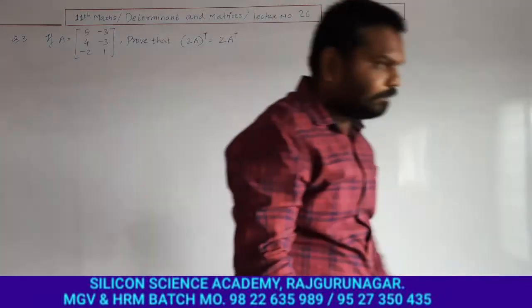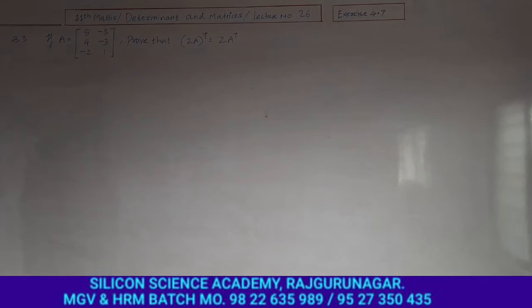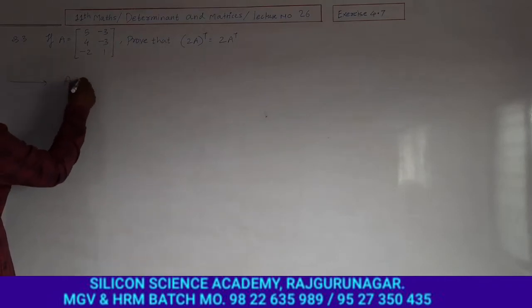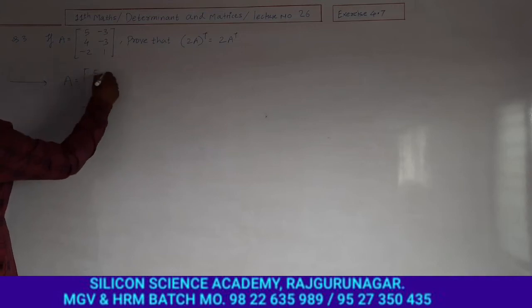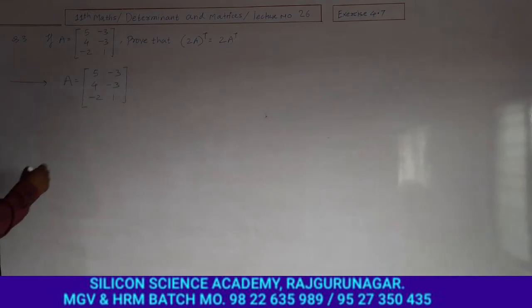Okay? आता लक्ष द्या. सर्वांना लक्ष द्या पहा. आता हे सोपं एक्झाम्पल आहे. ओके, व्हॉट इज a? That is 5 minus 3, 4 minus 3 minus 2, 1. Let us multiply with 2.